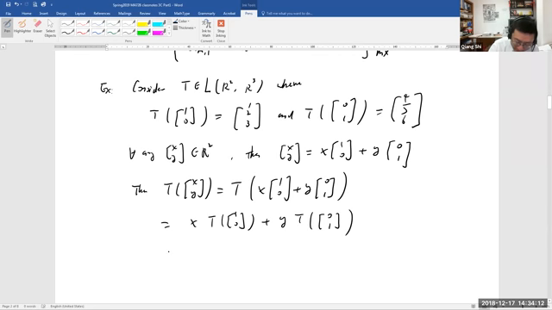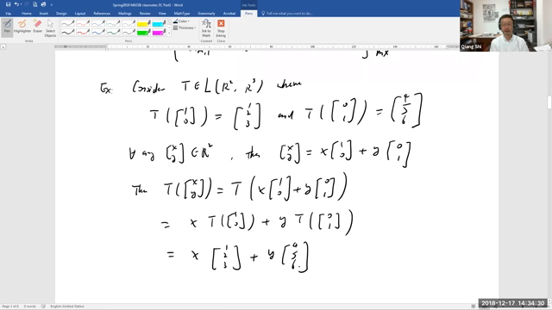And we are given information about what T of (1, 0) is. This is (1, 2, 3). We're given what T of (0, 1) is. This is (4, 5, 6). So then clearly you know what the resulting vector is.